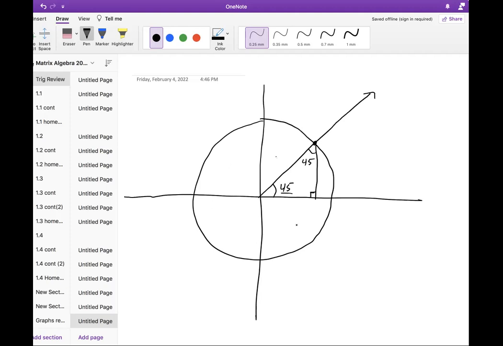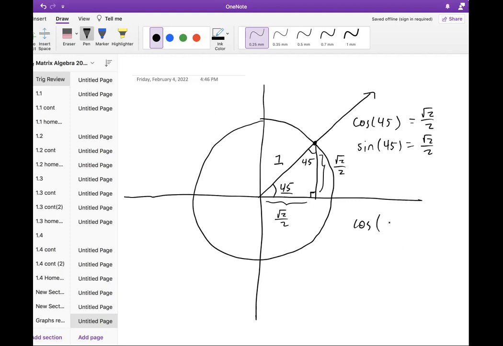And if this is length 1, we just figured out what the sides of this must be. This must be radical 2 over 2, and this must equal radical 2 over 2. So this tells us exactly that cosine of 45 must be radical 2 over 2, and sine of 45 must equal radical 2 over 2.